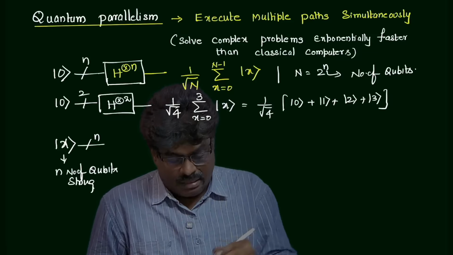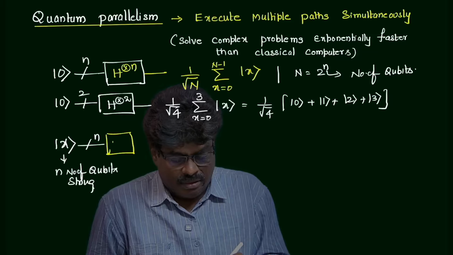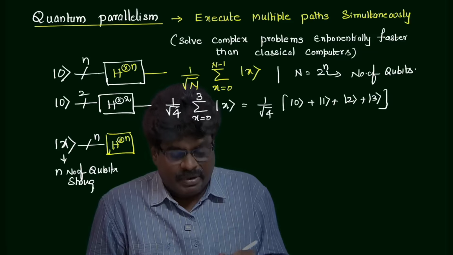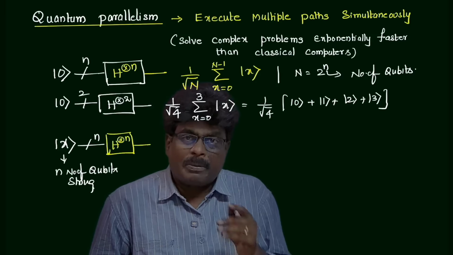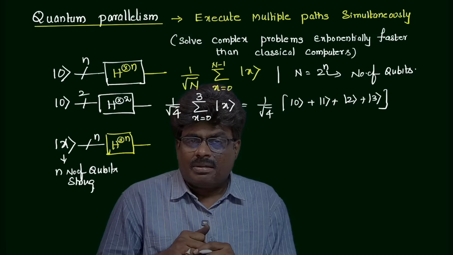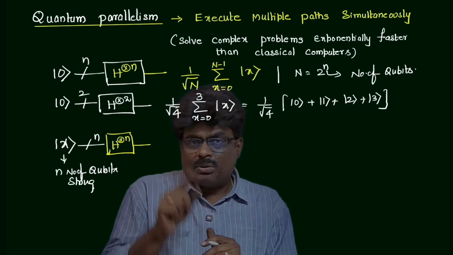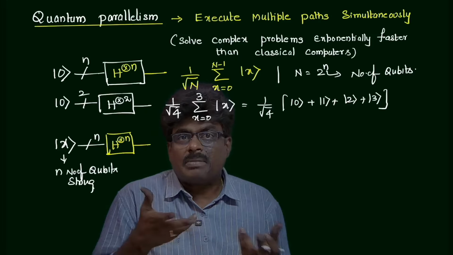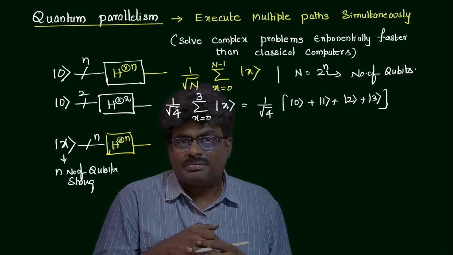Now here we have n Hadamard gates operating simultaneously on this input. Earlier all are zeros, but here x may be anything, either 0 or 1.